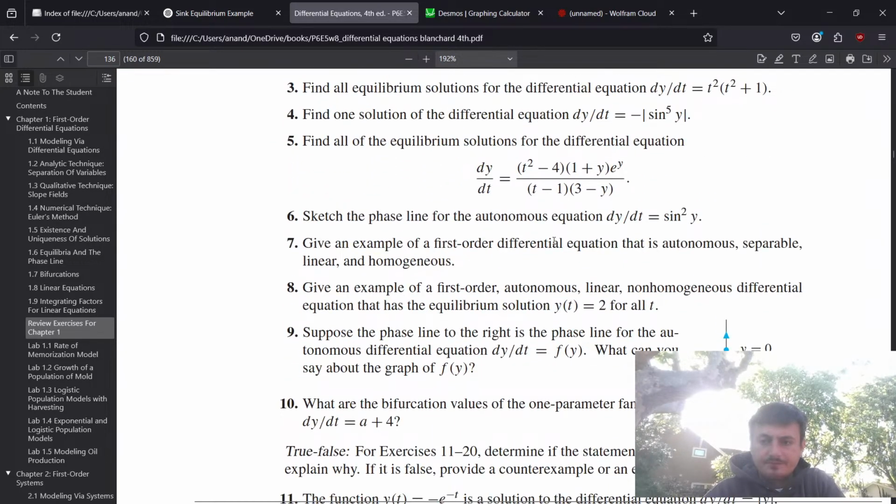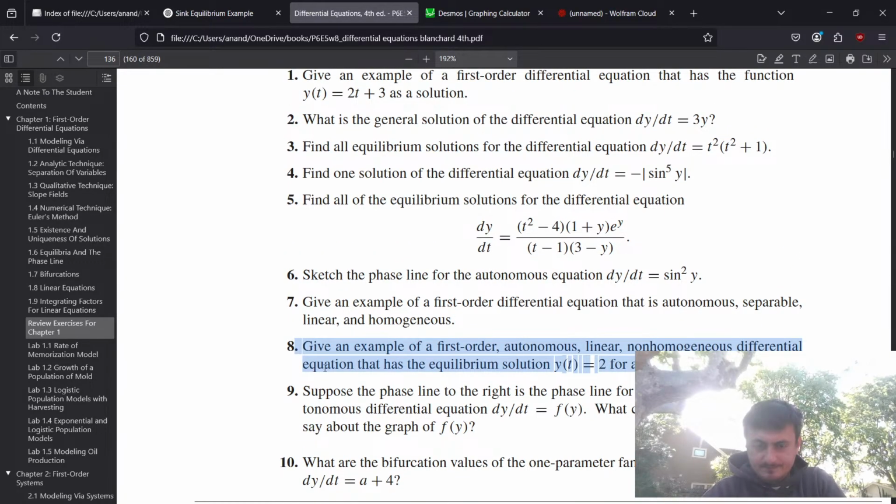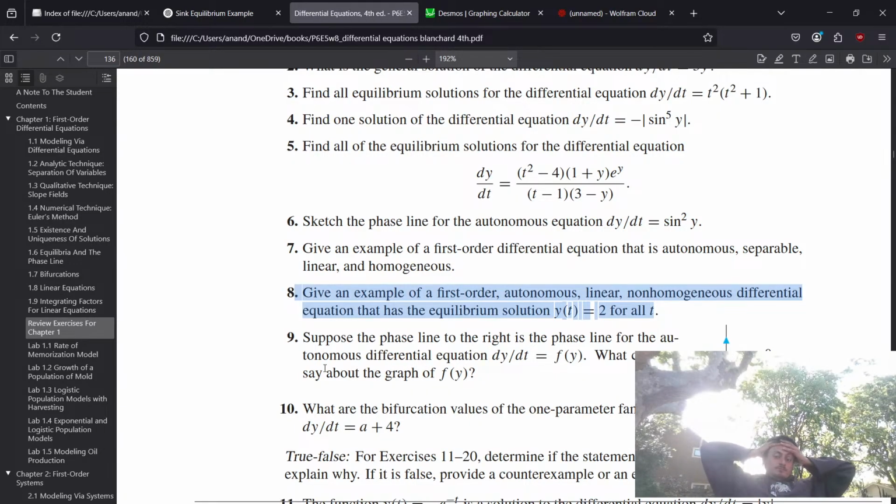If we see linear in here, we can attempt it, but know that maybe we don't have the tools to do it. Okay, I'll be right back.